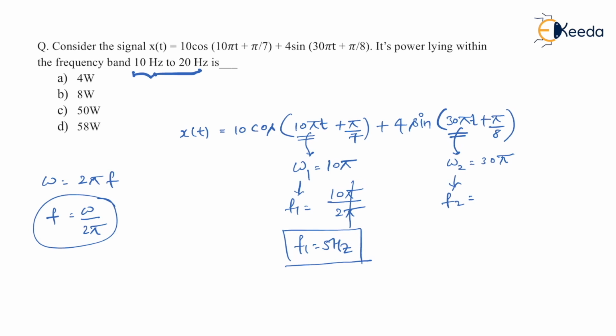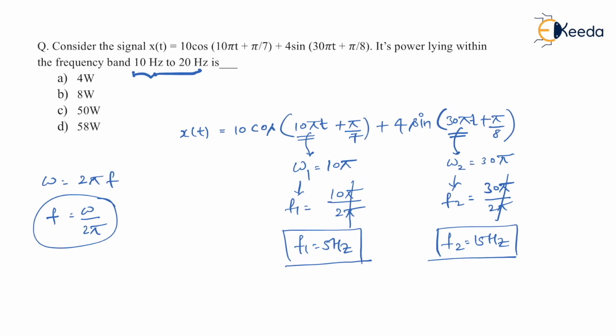Secondly, from omega 2, I can get f2 by dividing 30 pi by 2 pi. So I'll get 15 hertz. So you know the frequency of each component, because x of t is a combination of two frequencies, out of which the first frequency is 5 hertz and the other frequency is 15 hertz.